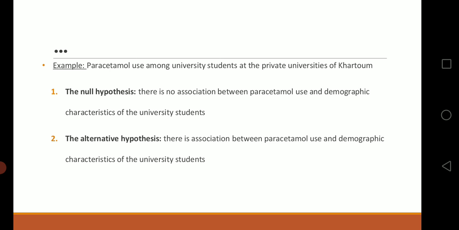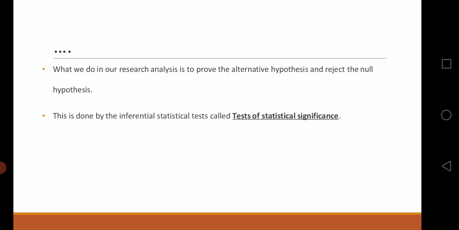We put our two hypotheses and then we do our research analysis to prove the alternative hypothesis and reject the null hypothesis, and this is done, as we said, through the p-value. The p-value is the value based on which we either reject the null hypothesis or accept it.